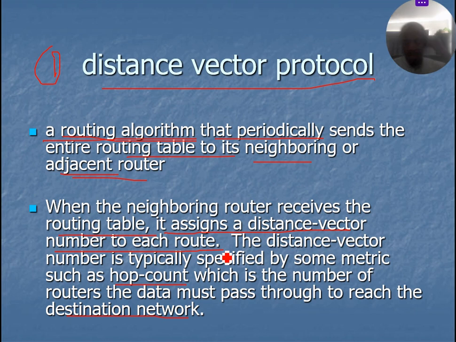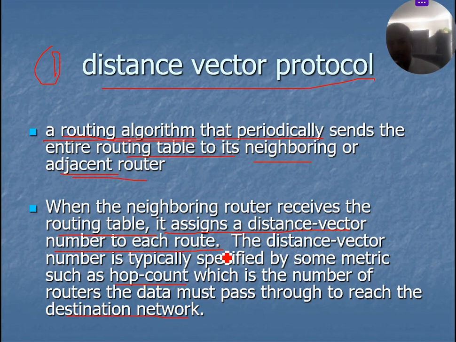A distance vector routing protocol is a routing protocol that usually has a routing algorithm that periodically and constantly sends its routing table to its neighboring routers.